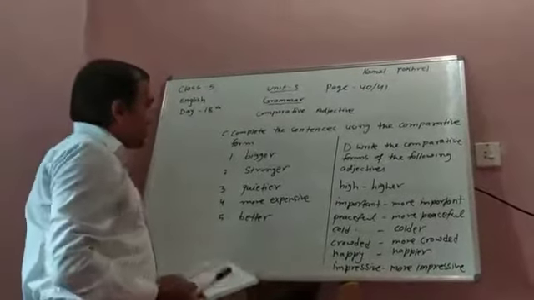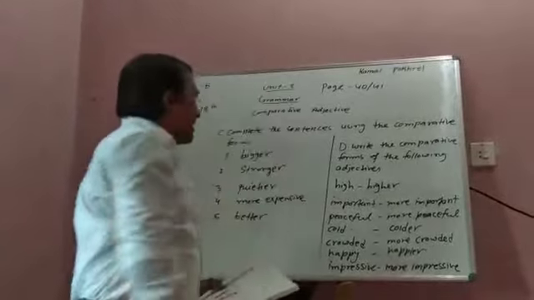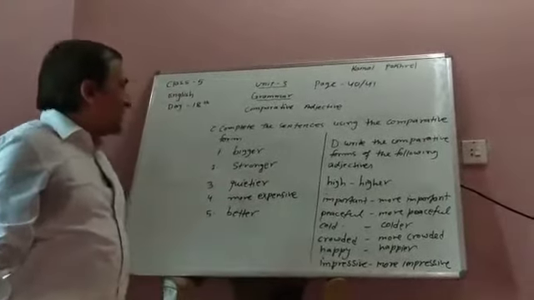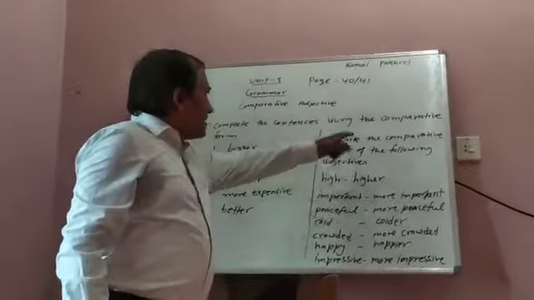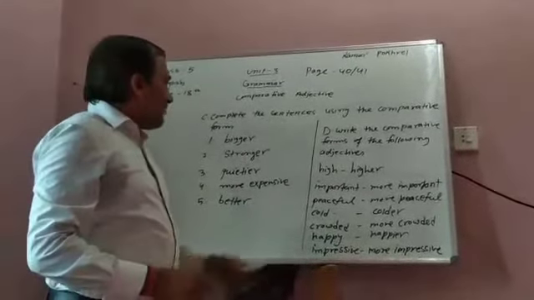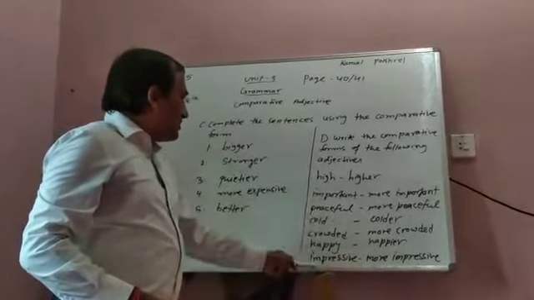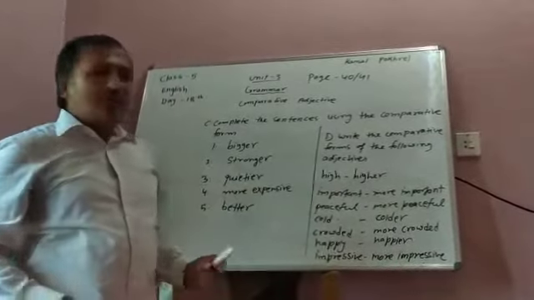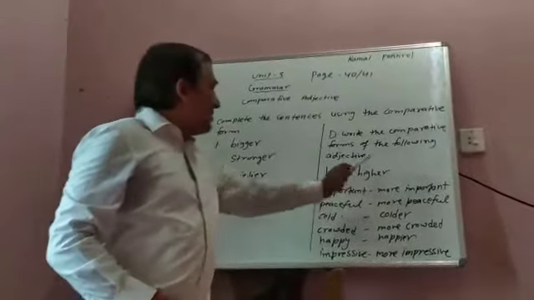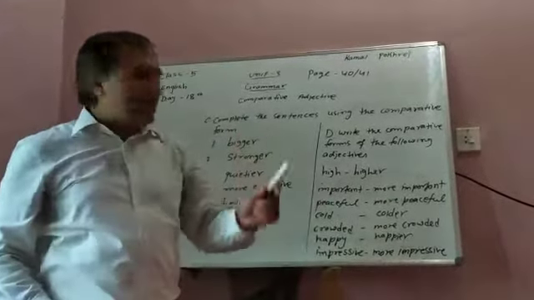Now move towards exercise D. Write the comparative form of the following adjectives. Here are some adjectives, and you have to make comparative adjectives. High, higher. Important, more important.